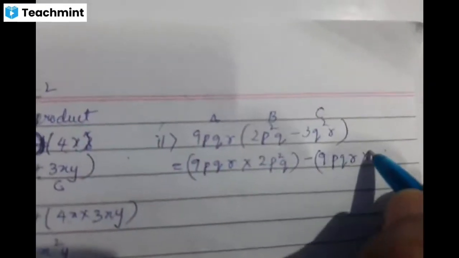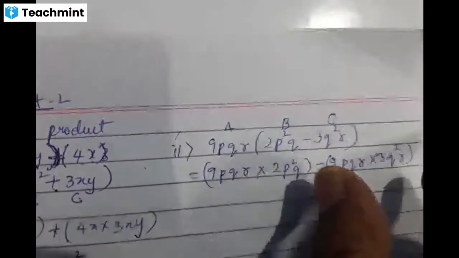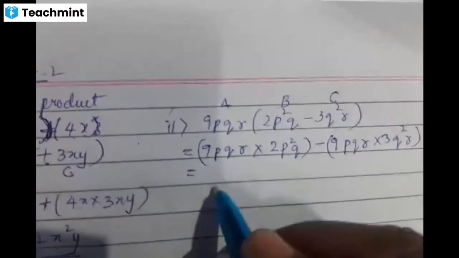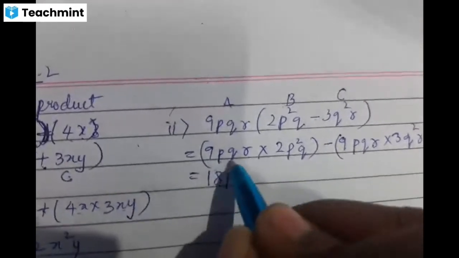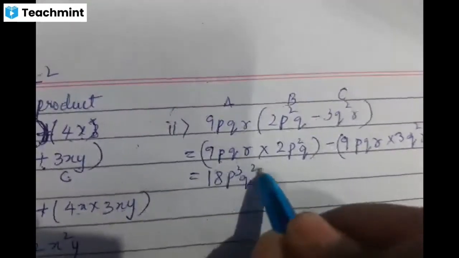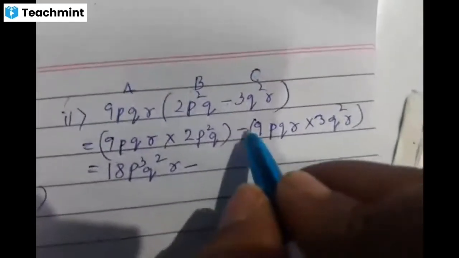Again the outside term 9PQR into 3Q square R. So in this way we have grouped them. Now we are going to multiply first the constants. 9 twos are 18. P into P square is P cube. Q into Q is Q square. R as it is.